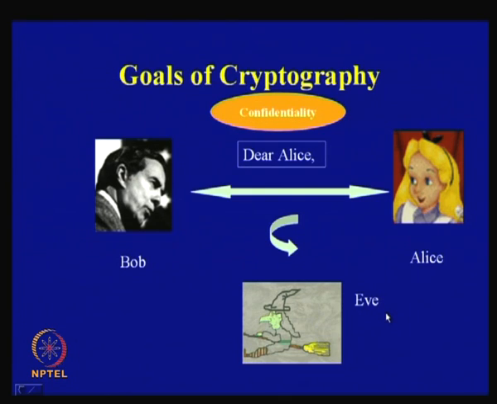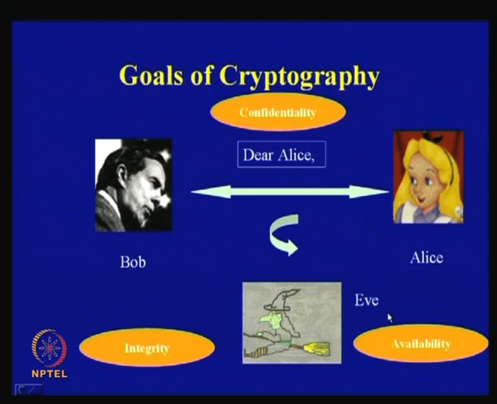The goals which cryptography tries to provide are, as we have discussed, confidentiality, integrity and availability of information. That means Eve should not have access to this information, so it should be unintelligible to Eve. At the same time, Eve should not be able to modify it, so that instead of "dear Alice" it says something else, causing a misunderstanding between Bob and Alice.